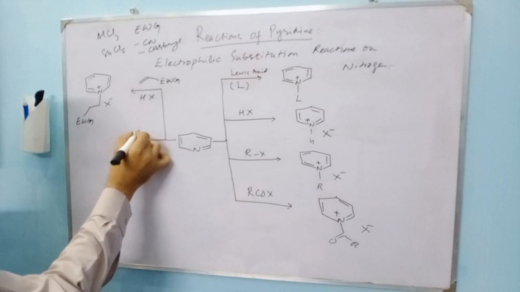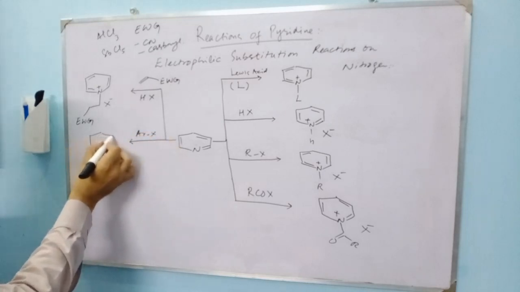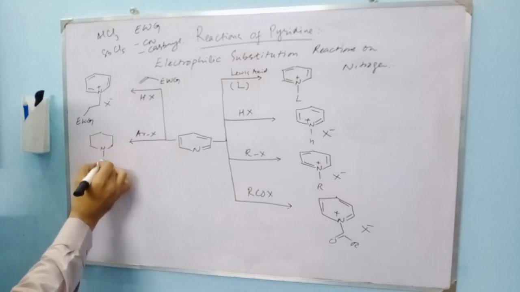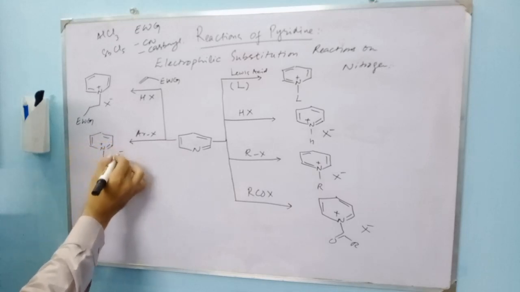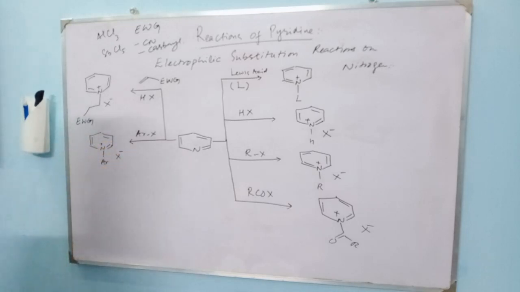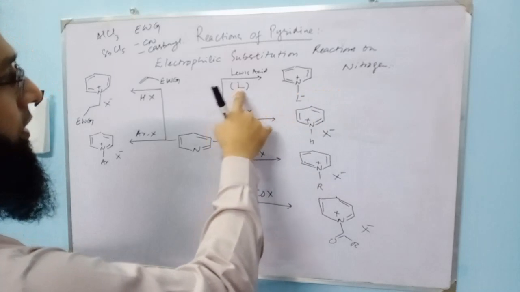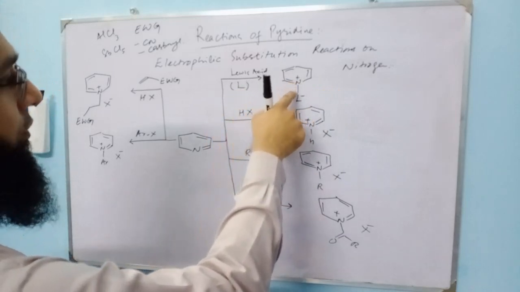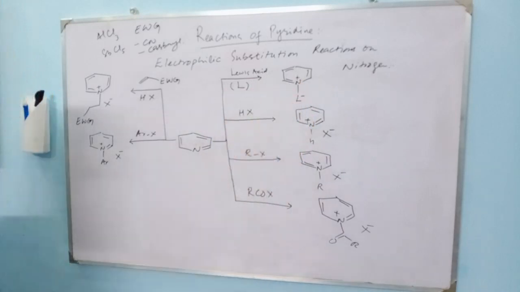Reaction with aryl halides can also occur, and we will get this type of compound after the reaction. Here L will have negative charge because it was neutral here, and after the donation of two electrons or one electron pair to Lewis acid, we will get negative charge on L.